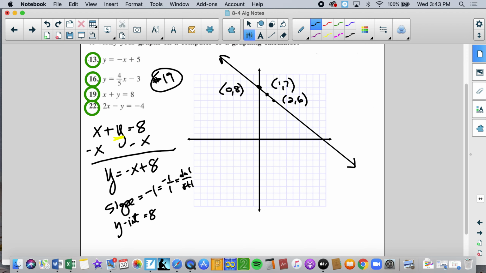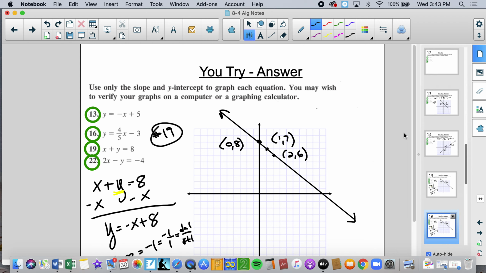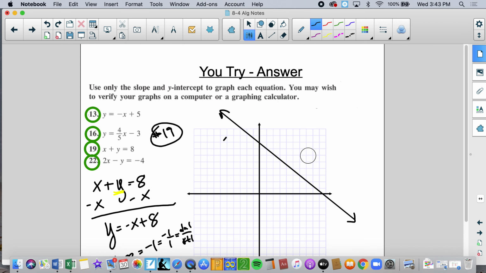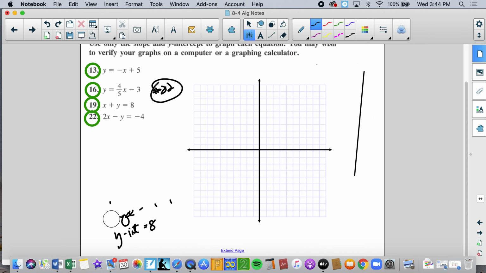Good. And the last one for graphing, let's clone that page. Let's erase this. This is going to be number 22. We have to do a little work prior to this. We have to be able to find the slope and the y-intercept. So when we have this, we see that y is not by itself. That's negative y.